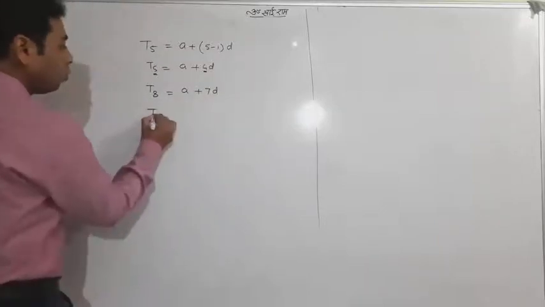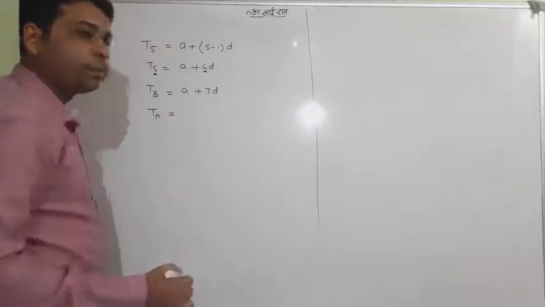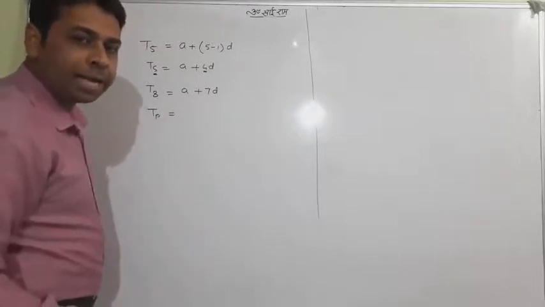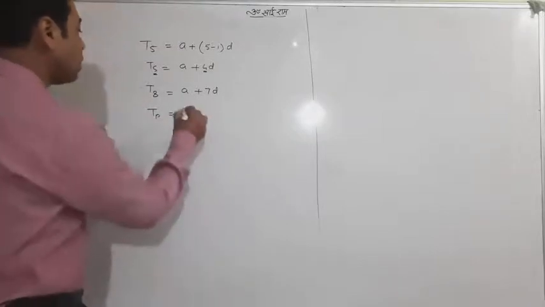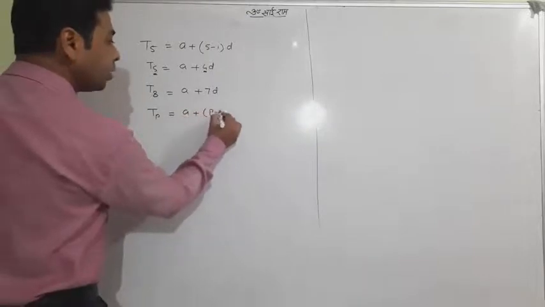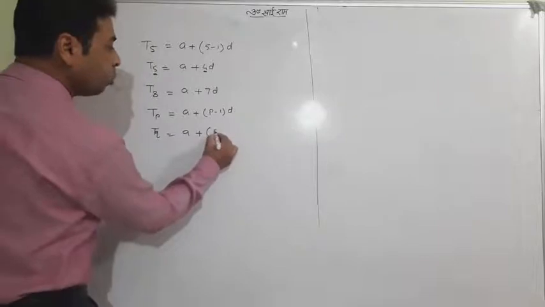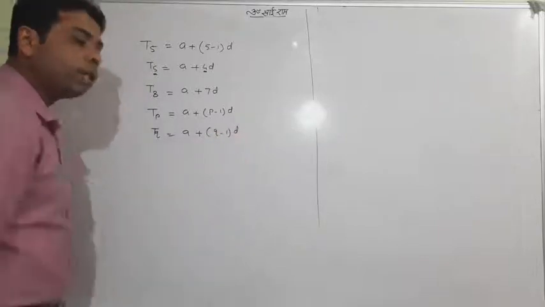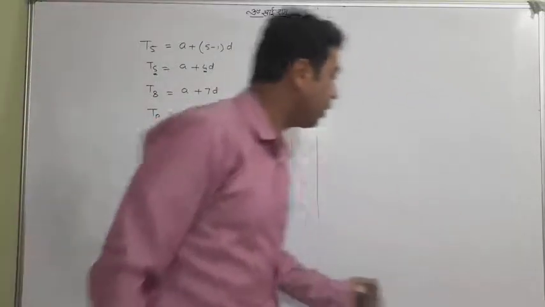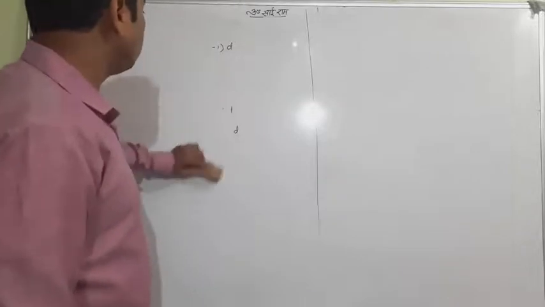And if you are told to find the pth term, don't worry, it is a symbol. As you know Tn, Tp is also the same, A plus (p minus 1) into D. If you are told the qth term, A plus (q minus 1) into D. I am not telling you any special thing. These are very fundamental things which you already know.